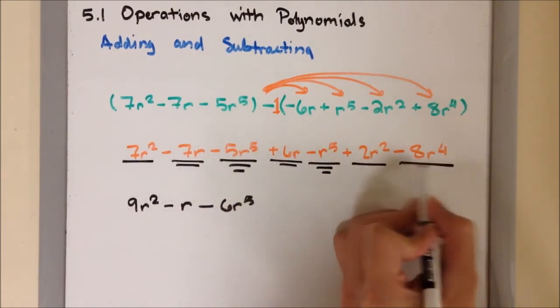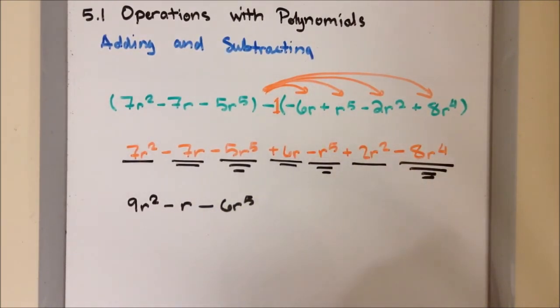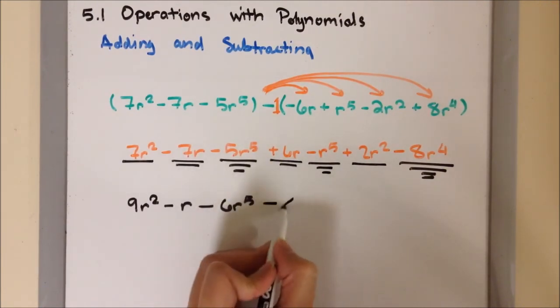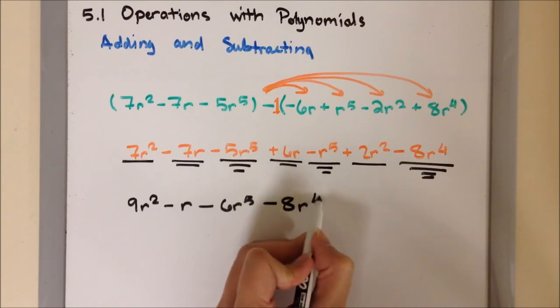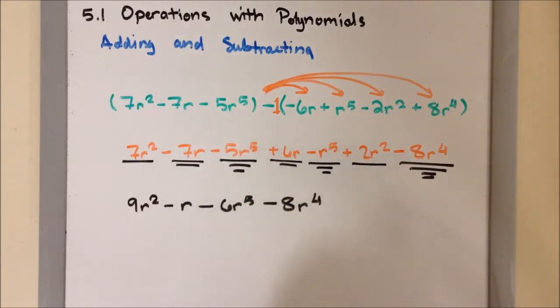And then over here, the last term is r to the 4th. I don't have any more, so I'm just going to bring it down. So negative 8r to the 4th. Alright, I finished combining like terms. Now to put our terms in order, starting with the highest exponent.